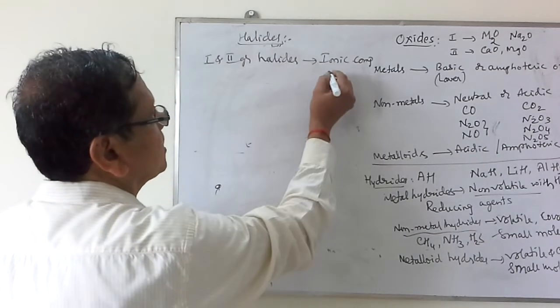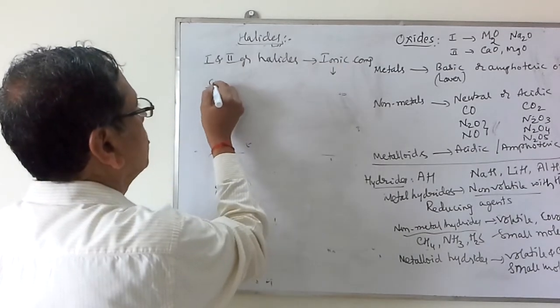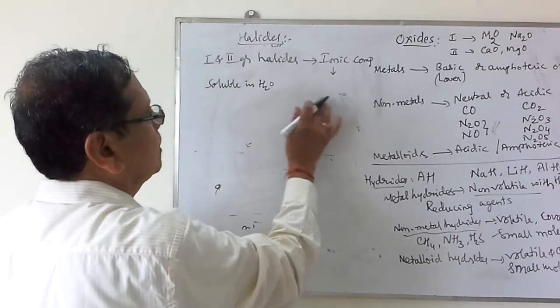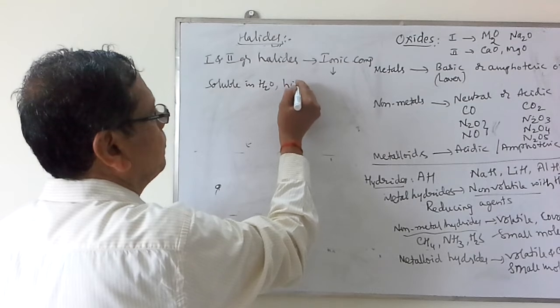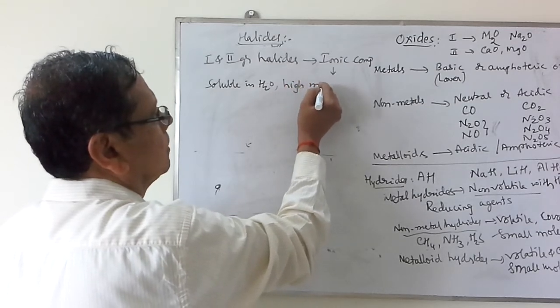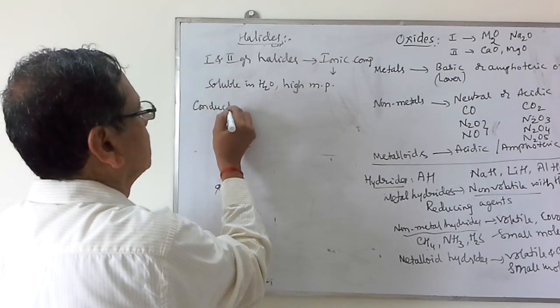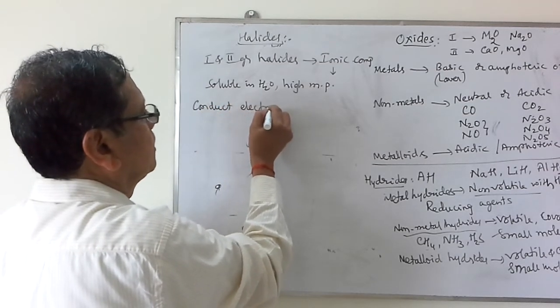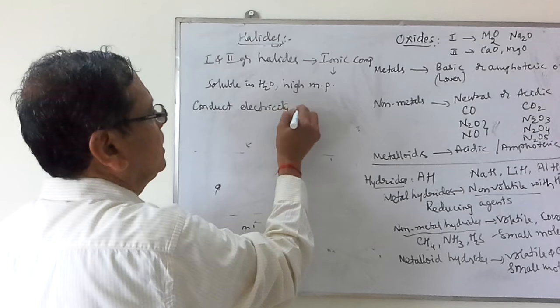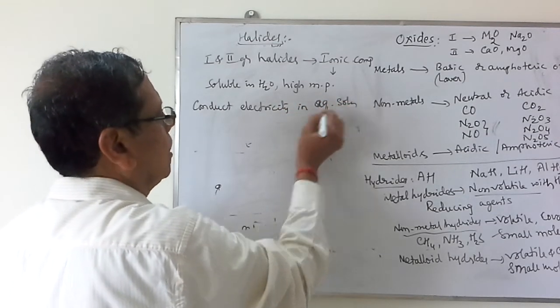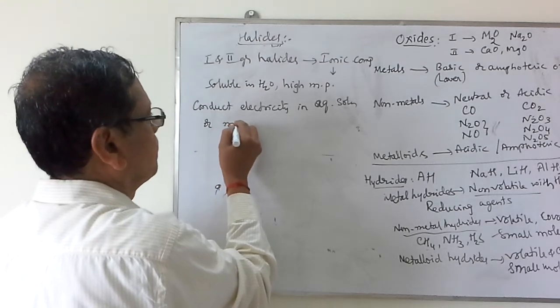But when we consider these ionic compounds, they are soluble in water, have high melting point, and conduct electricity in aqueous solution or molten state.